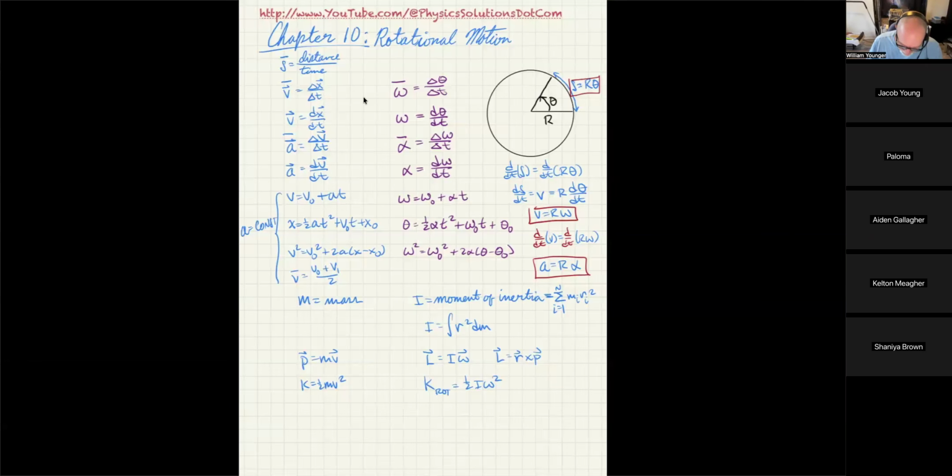That's how we go about getting the equations. Then you realize that omega is d theta/dt, so you can integrate omega equals omega 0 plus alpha t, and that gives theta equals 1/2 alpha t squared plus omega 0 t plus theta 0. Just like in chapter 2, where we found the kinematic equations for constant acceleration, this time we found the rotational kinematic equations for constant angular acceleration.